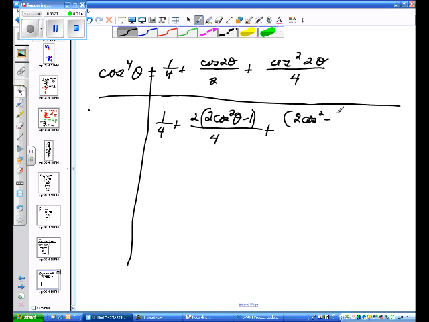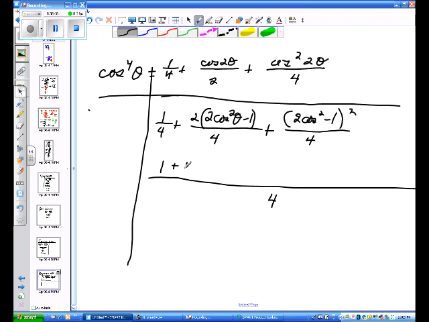And then I'm going to use the same one over here. 2 cosine squared theta minus 1 squared over 4. Okay, if I multiply these out, and it's all going to be on over 4, I'm going to have 1. Using my distributive property, I have 4 cosine squared theta minus 2.